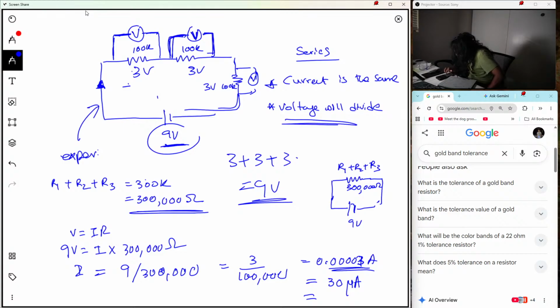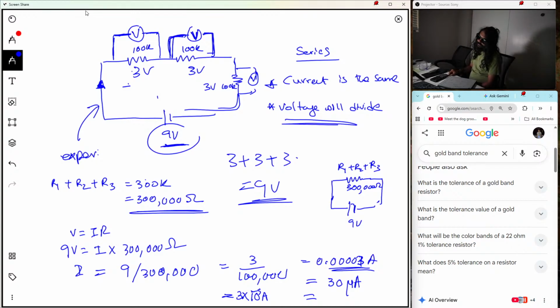Yeah, so it is around 30 microamperes, right? Or else you can also write the same thing as 3 into 10 to the power what? How many? 10 to the power minus 5 amperes. So you can calculate the current like that, right?